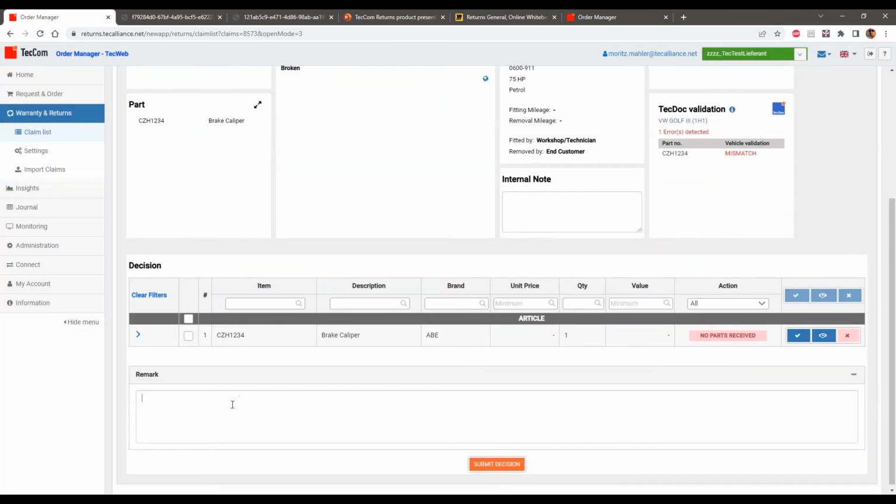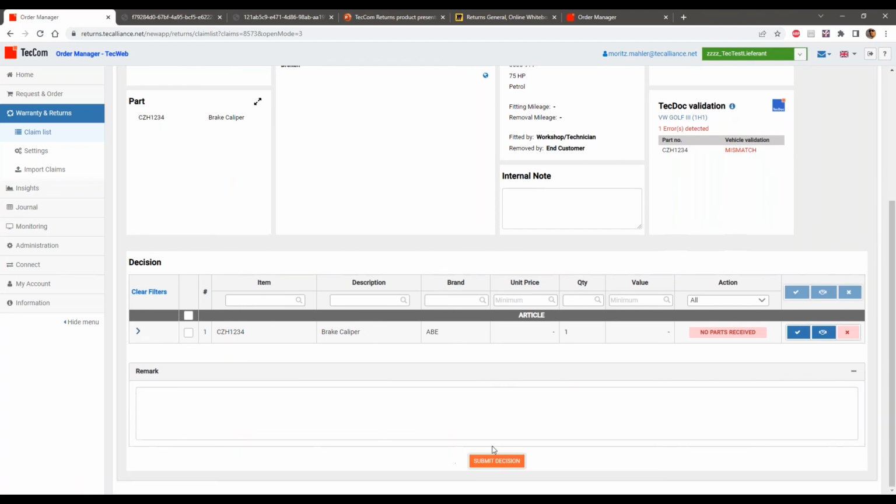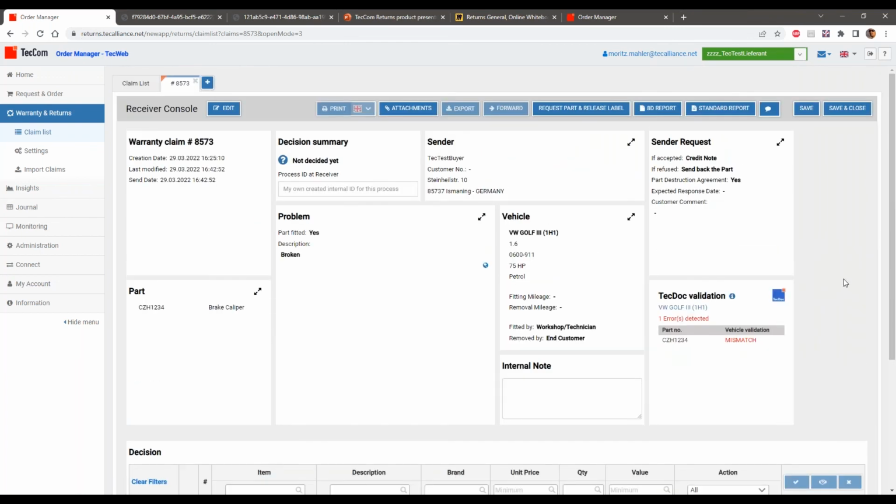I could say here in the remark something about it. I have here again some more descriptions, and in the end I can submit the decision. This would be easy, but I show you a little bit more before we do this.